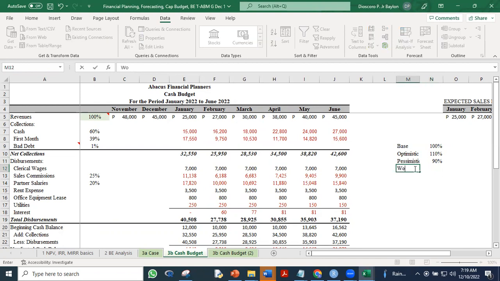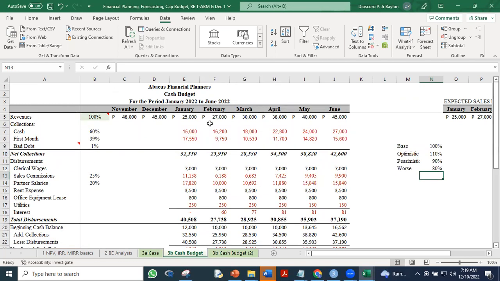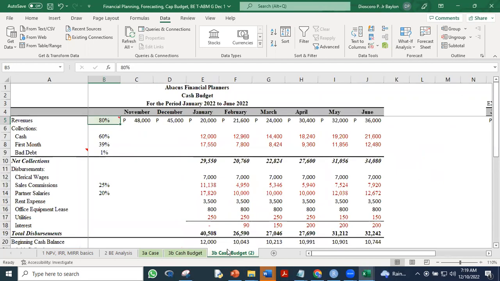And for the worst case scenario, it's 80%. So this is a type of sensitivity analysis. Let's see what will happen to our cash budget if this changes. Let me show you how to do it.